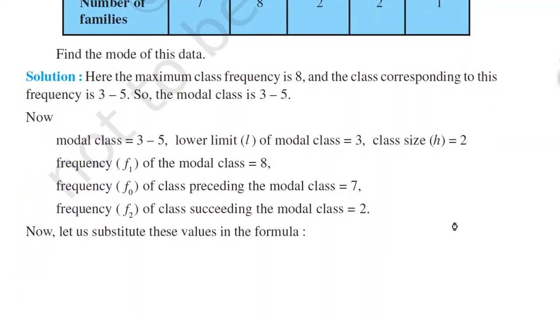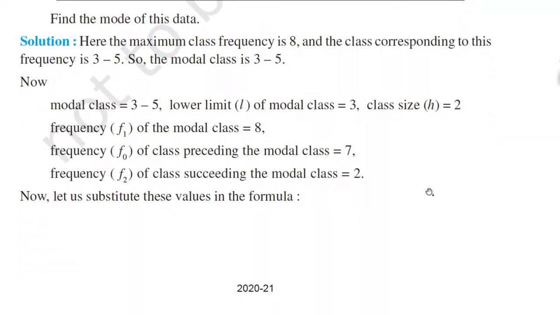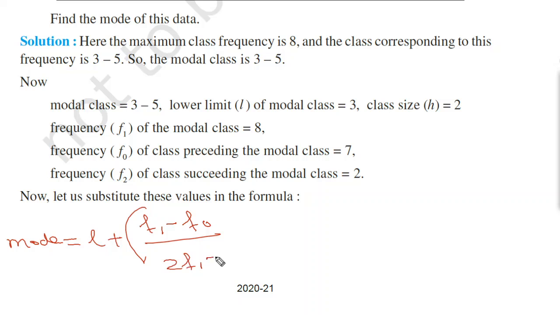Now we will put all this data in the formula. Mode equals L plus bracket F1 minus F0 divided by 2F1 minus F0 minus F2, bracket, into H. Now you can put the values.